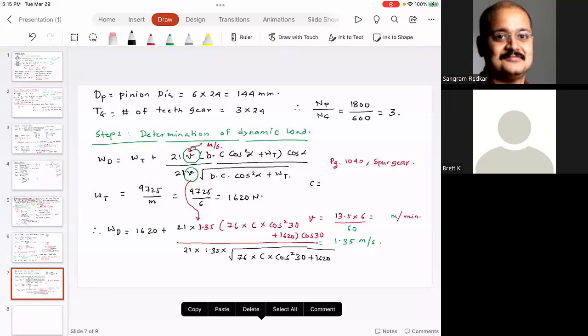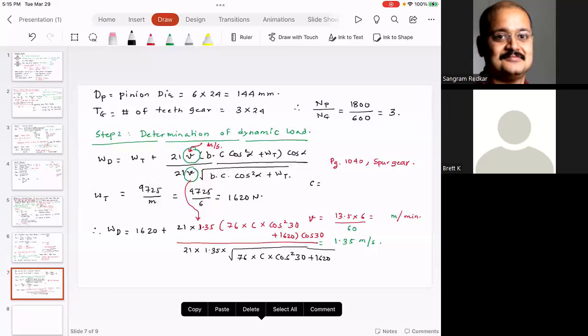And on 28.6, there is something that I just want you to think about a little bit. So here, what you have is the pitch line velocities in meters per second. For that particular pitch line velocity, you have a particular value of tooth error action that is recommended.